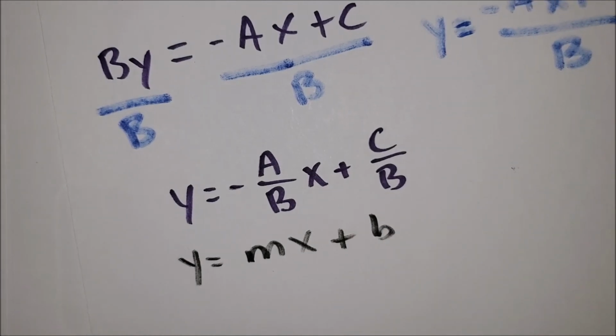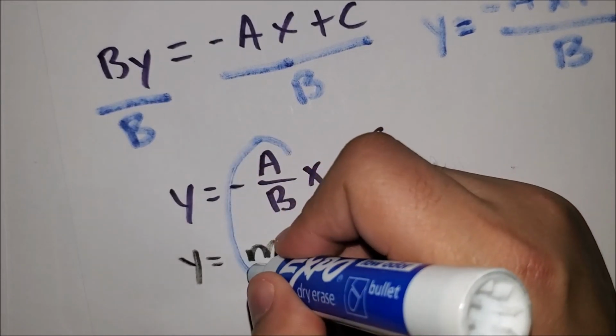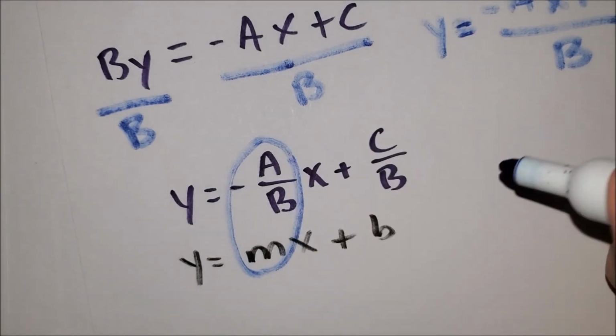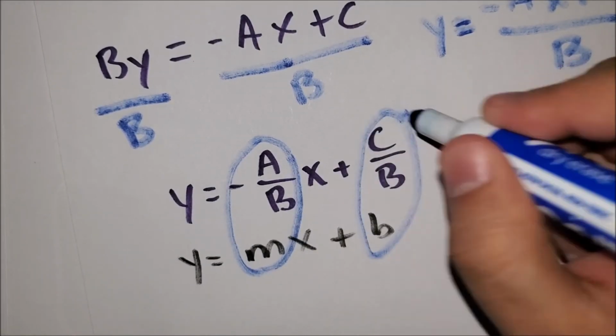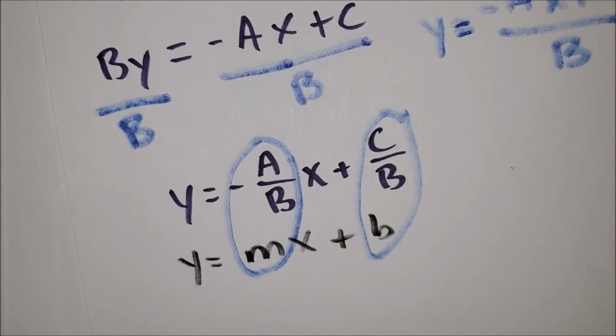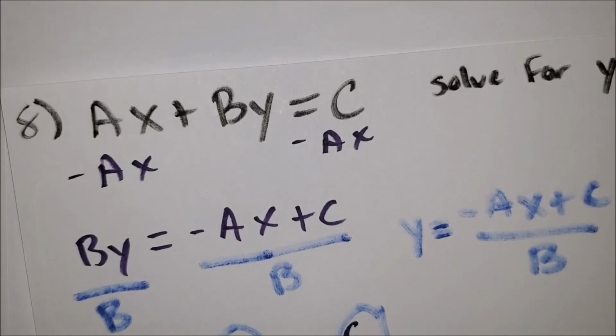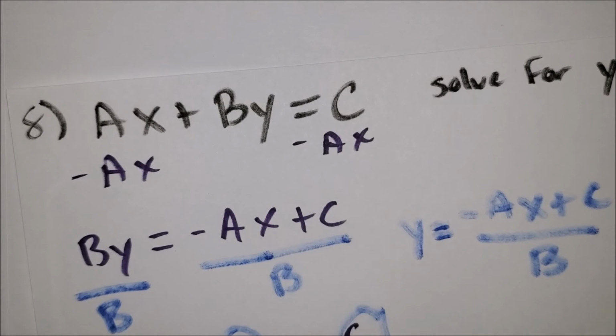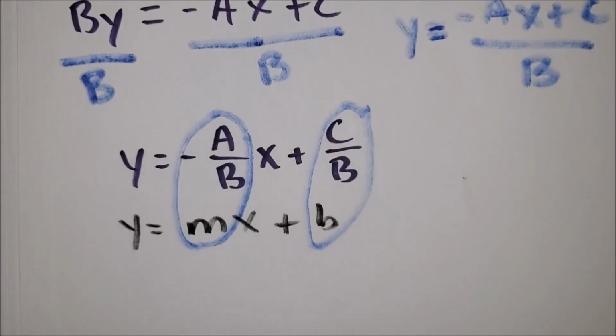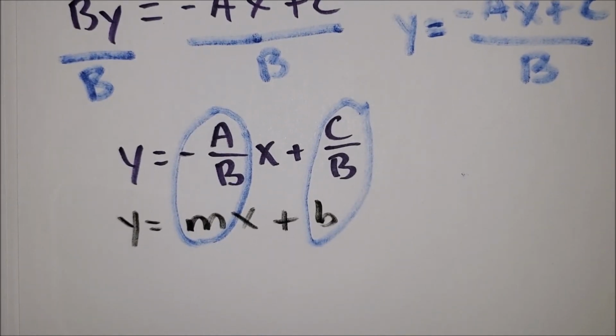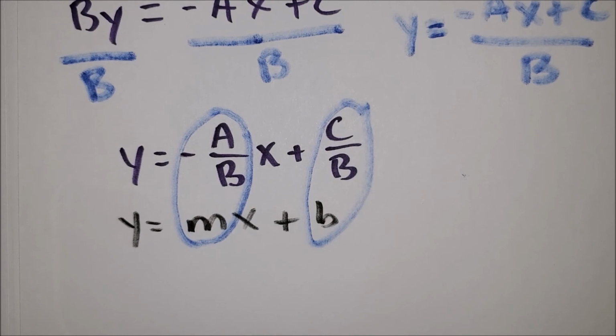And what this tells us is that we can actually associate specific things together. So that means that if you were given a problem in this form, you could find the slope and the y-intercept and graph it.